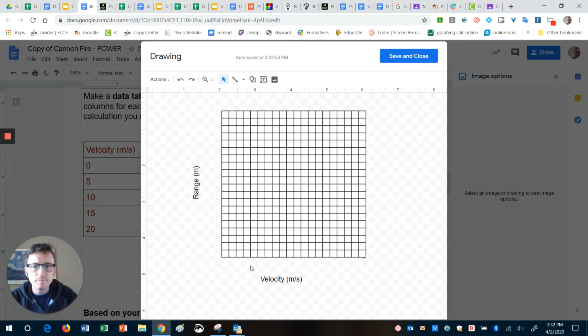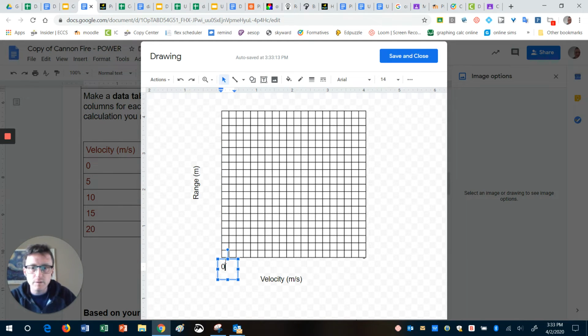That's just me personally. Then I'm going to add another text box, and we're going to start putting in numbers. For the velocity, there are 20 boxes if you count them, which means I can have one box represent 1 meter per second. I always want to make sure I put 0, because 0 is always the origin there at the corner. Then every 5 boxes is going to be 5.